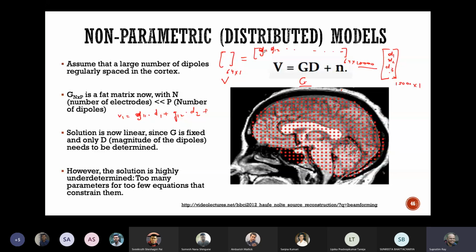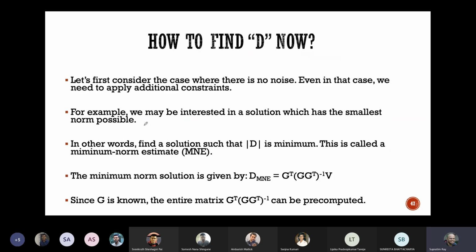There are 10,000 entries here, 10,000 entries here. And this is one equation, and you've got 64 such equations. So obviously you will find lots of combinations of D's that will be able to give you the solution. So there's no fixed correct answer here. Lots of potential answers.